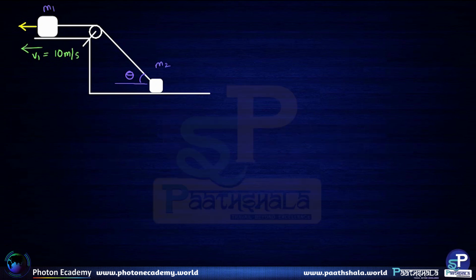The way to solve this question is to understand that constraint motion equations are going to apply along the length of the string. So I'll write down the principle. What is the principle over here?